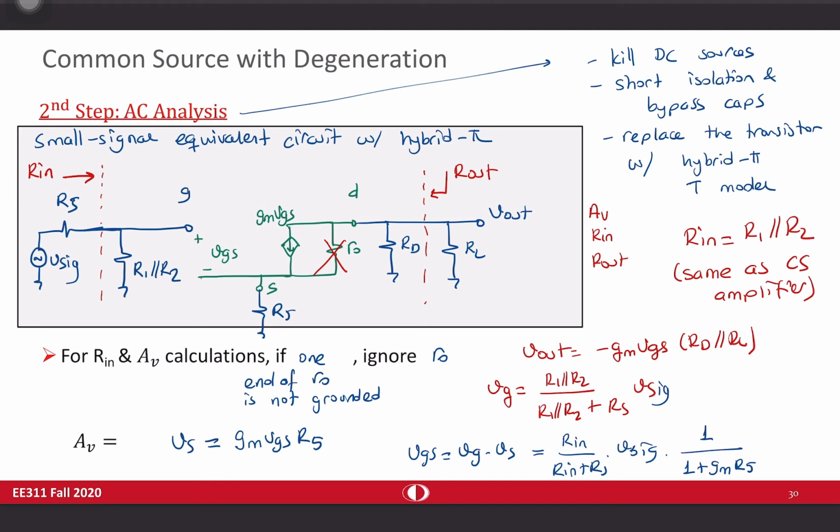Okay, so the next step, what I need to do is introduce this expression into here. Then I'm going to find Vout divided by V signal. So let's do it.